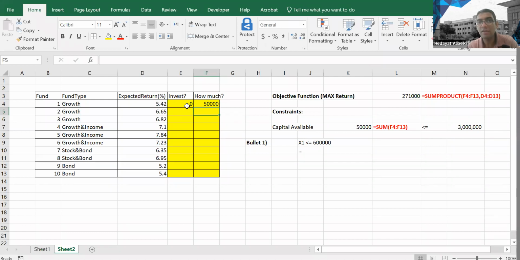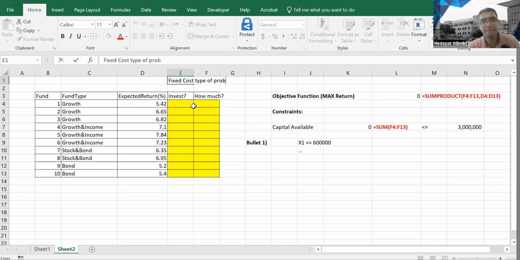You can't have a decision of not investing in something and then invest 50,000. If this is 0, this has to be 0, right? So this is actually very similar to a fixed cost type of problem.